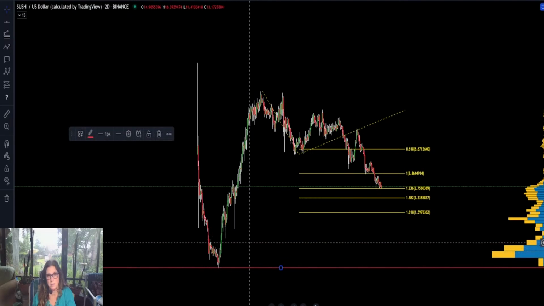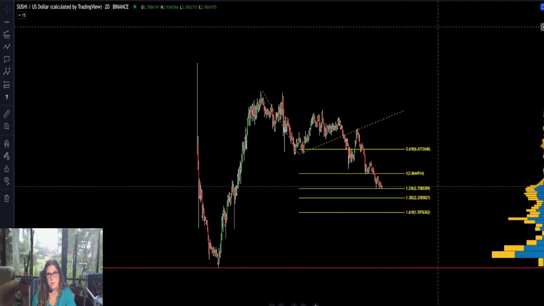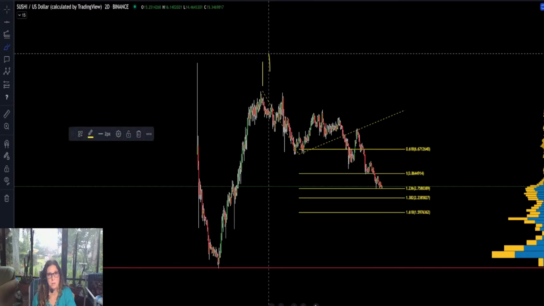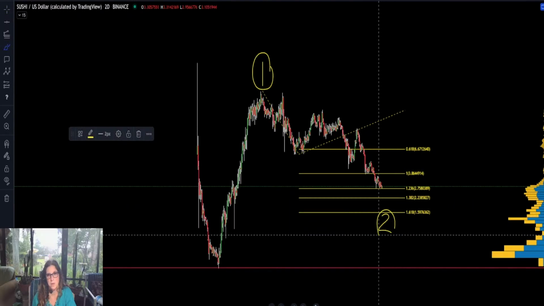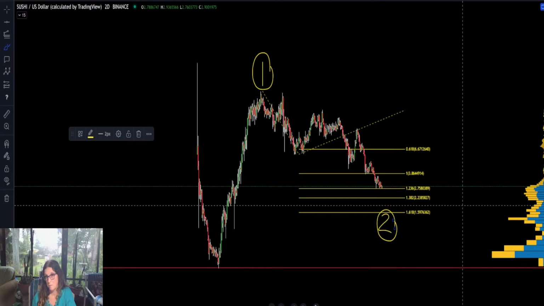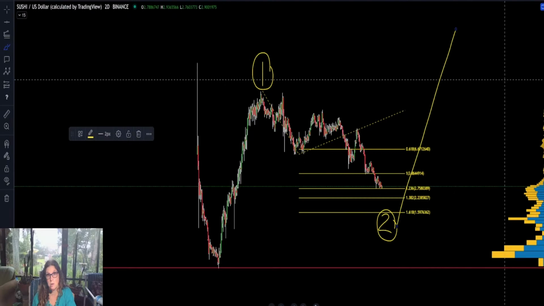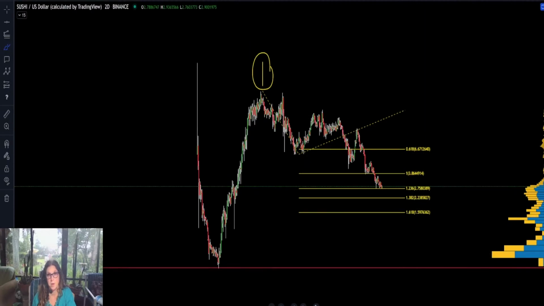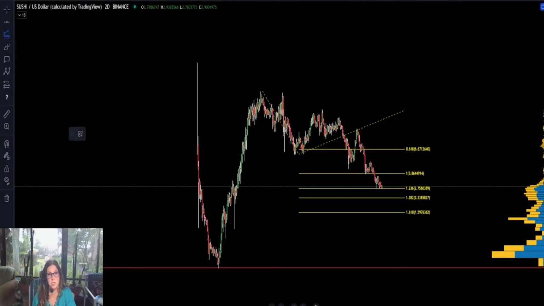No break bottom. And if it doesn't, and Bitcoin finally goes back on the bull run, this will be a wave 1, and all of this will be a wave 2. And get ready and load up, because it's going to be on. Probably the biggest bull run you've ever seen. Okay? It will be massive.